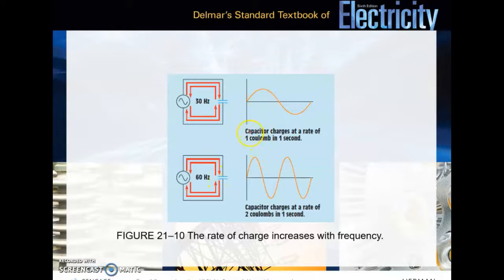With the 30 Hertz version, the capacitor charges up, basically it charges once per second. Don't worry too much about this coulomb here, it's a unit of charge. With the 60 Hertz version, we can see that the capacitor is charging twice as fast. It's at double the rate.